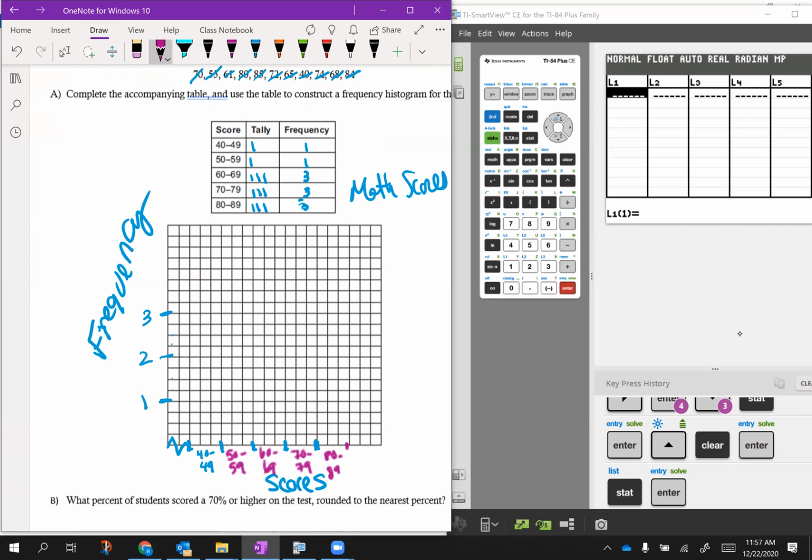All right, so our frequencies are 1, 1, 3, 3, and 3. You can shade them in. Or use your highlighter if you want.